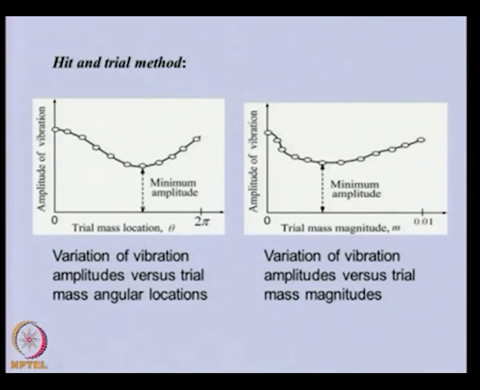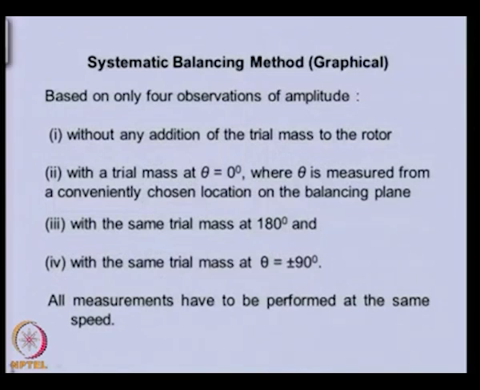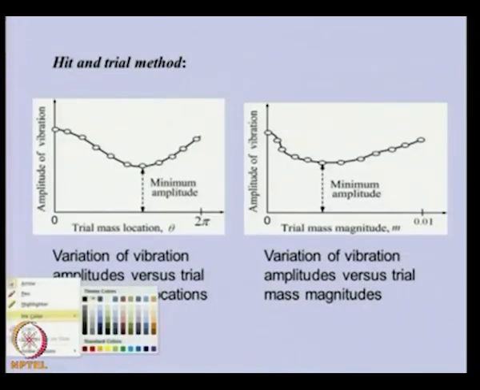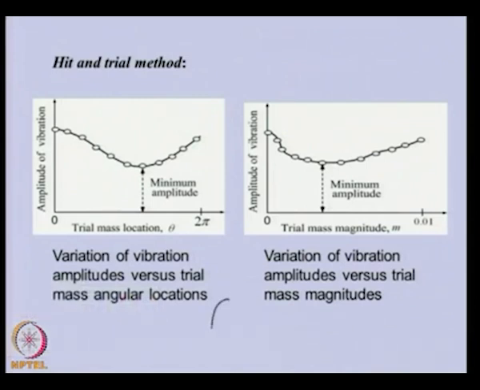So, once we have found out the angle at which, in a rotor, I am talking about a rotor angular position. Let us say this is 0 angle, and corresponding to this, if it is let us say 120 degrees, then we need to have the correction plane here. So, this is 120 degrees.